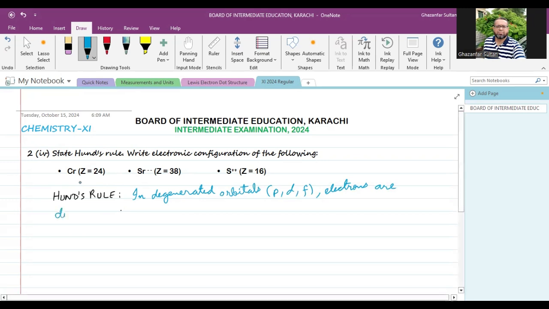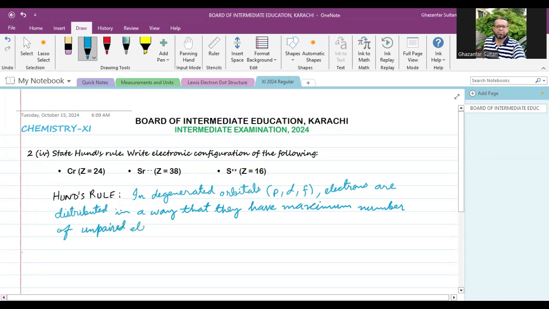distributed in a way that they have maximum number of unpaired electrons, or in other words, maximum number of half-filled orbitals.